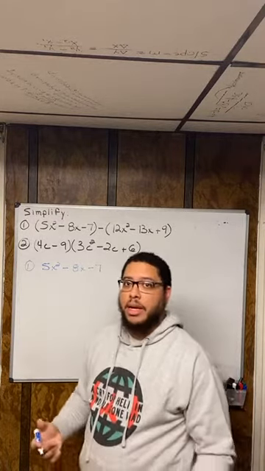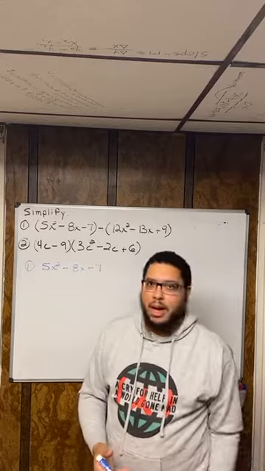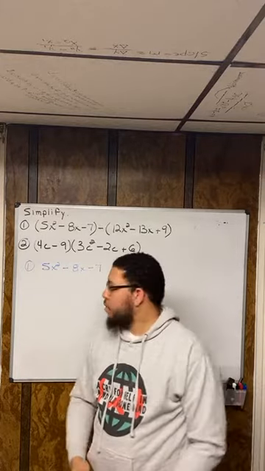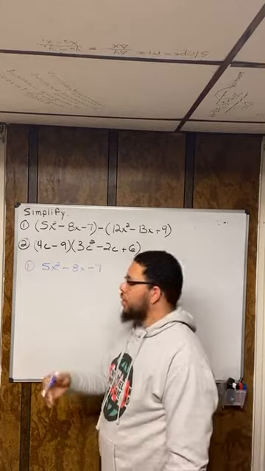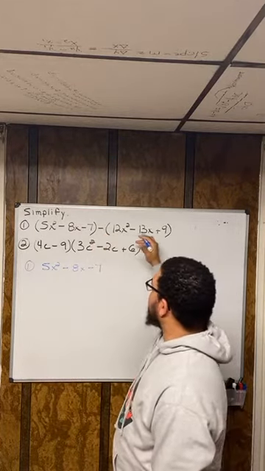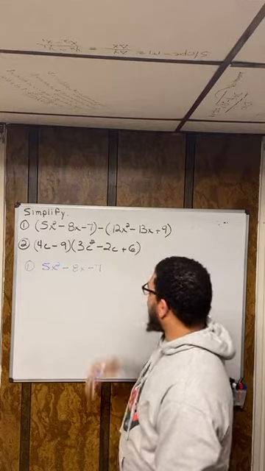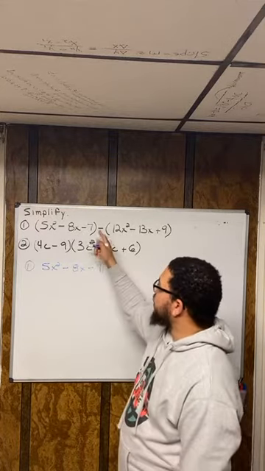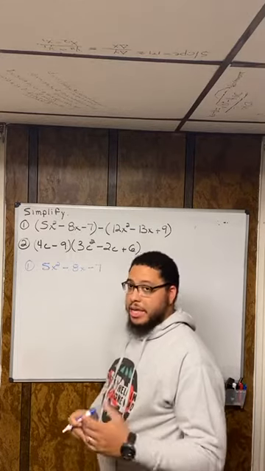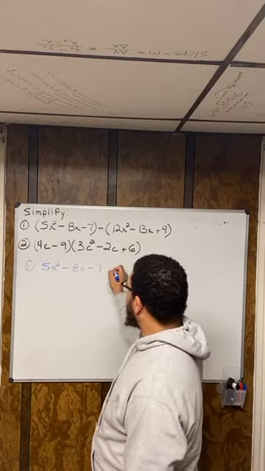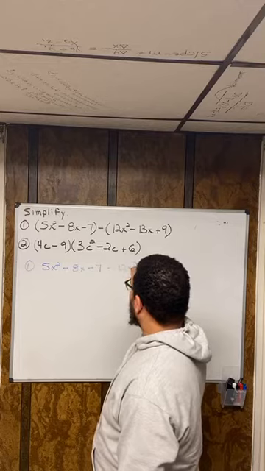And when you multiply a number or a variable by positive 1, it stays the same. But here, this minus sign represents negative 1 being multiplied by everything inside these parentheses. So you need to think to yourself, what is negative 1 times 12x squared? It's negative 12x squared. So you write minus 12x squared.